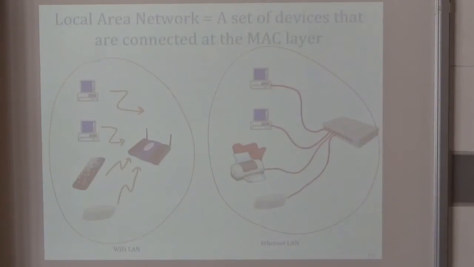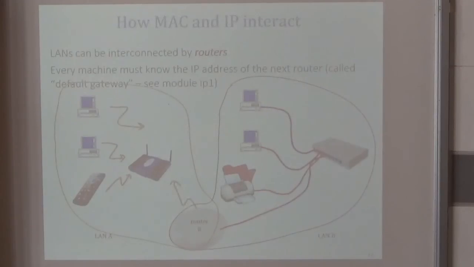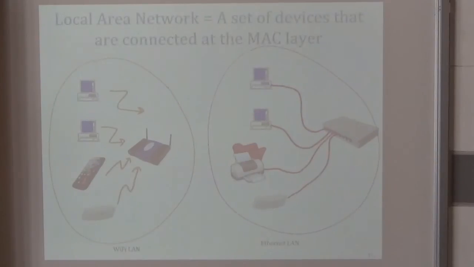How do those two things interact? Well, there are many ways to interact, but the classical way, some terminology here. What in this context we call a local area network doesn't mean simply a network that happens to be in the same room.